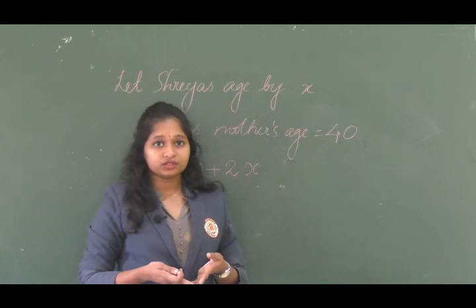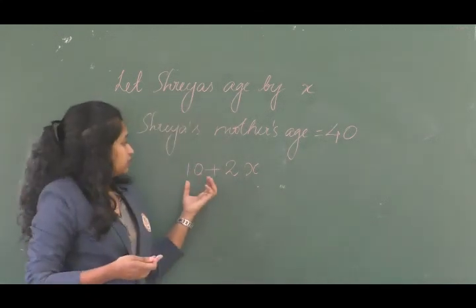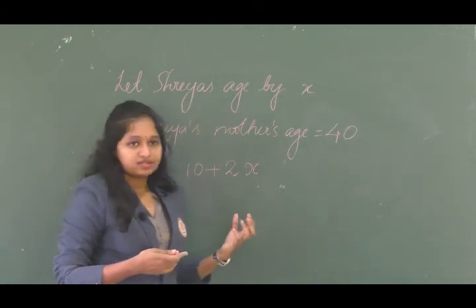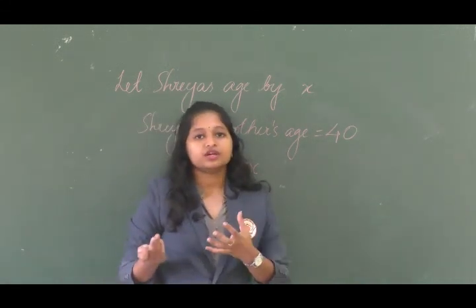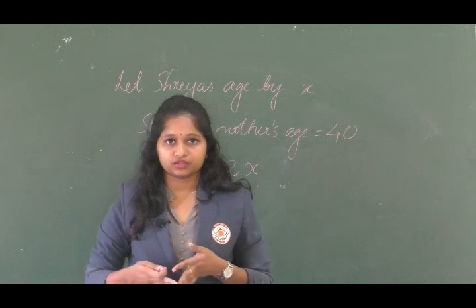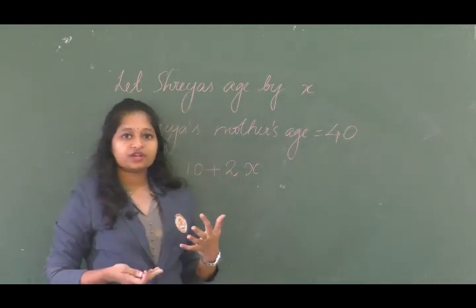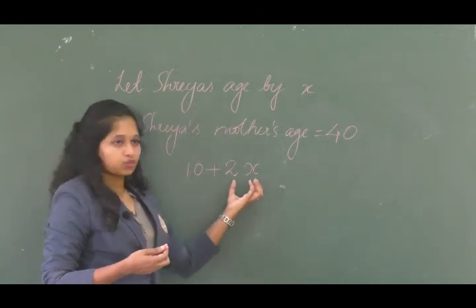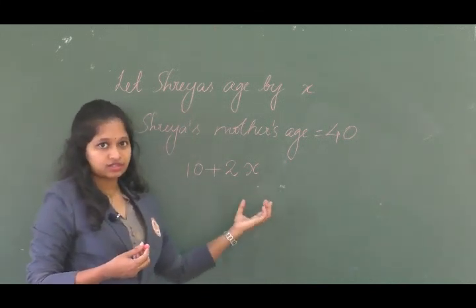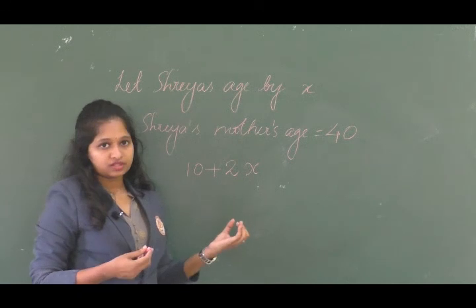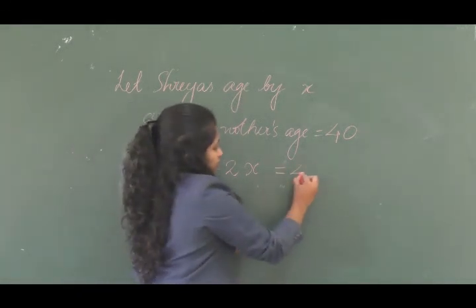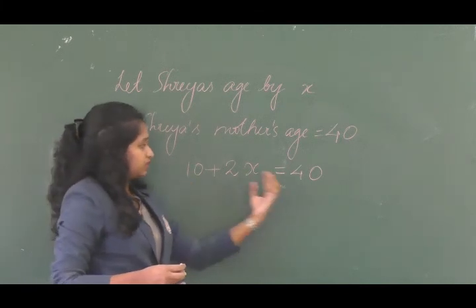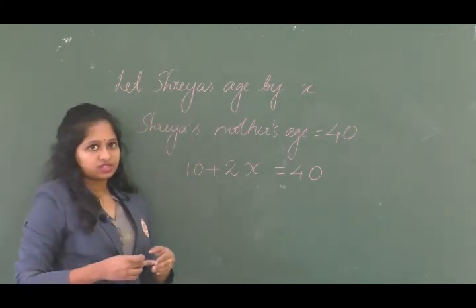What else is given? 10 more than twice Shreya's age is her mother's age. That is also given, isn't it? So how to write that? 10 more than, that means 10 plus twice Shreya's age, that is plus 2x, is her mother's age. This is the second sentence which is given.